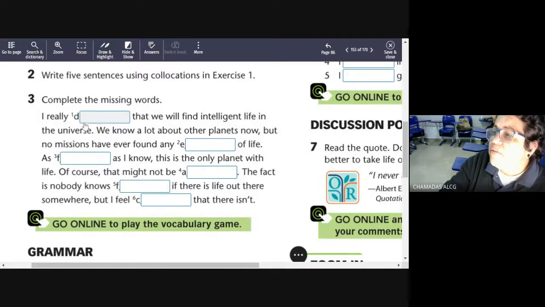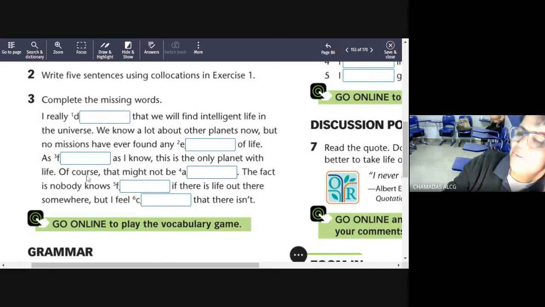I really that we will find intelligent life in the universe. We know a lot about other planets now, but no missions have ever found any of life. As as I know, this is the only planet with life. Oh, no. Of course, that might not be.